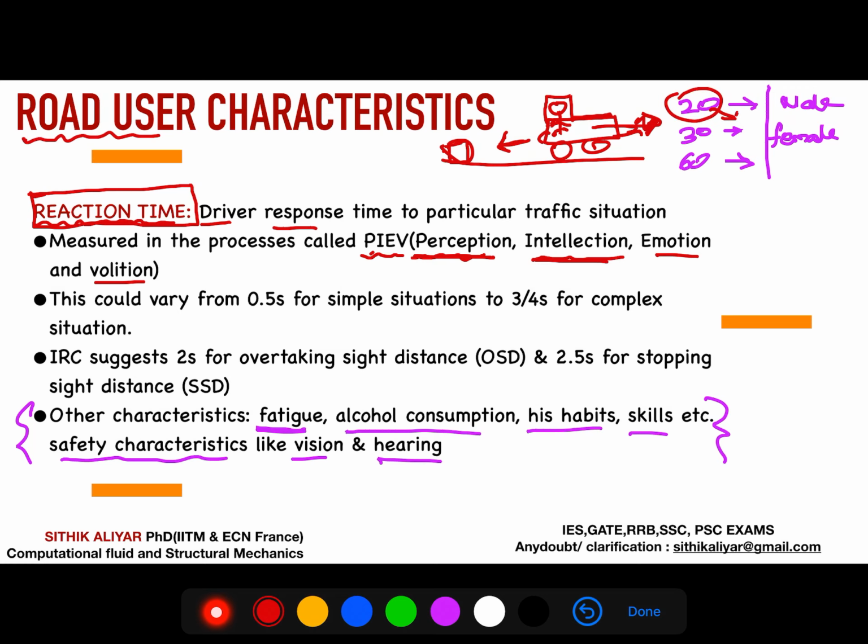Consider that at the age of 15 I had a very heavy accident and recovered after 1 year. So when I see the object, I will recollect the information of my past incidents. Or consider he doesn't have any accident, but some friend of his had an accident and he remembers his friend's experience. So intellection means collecting the past information.